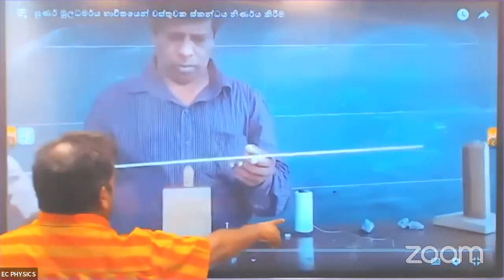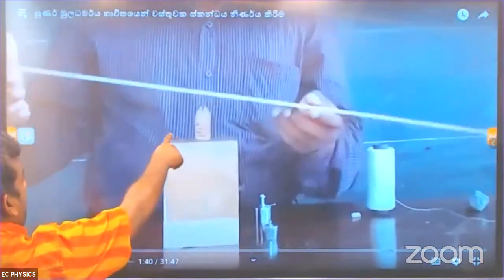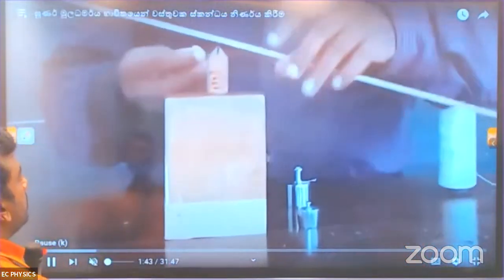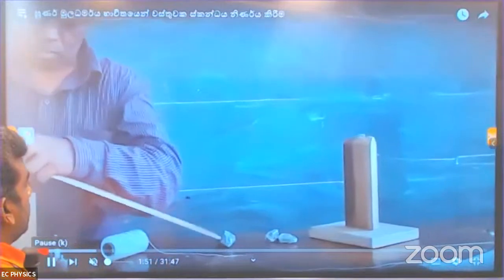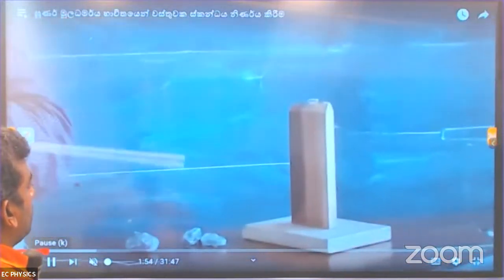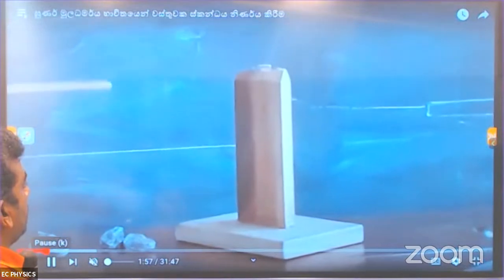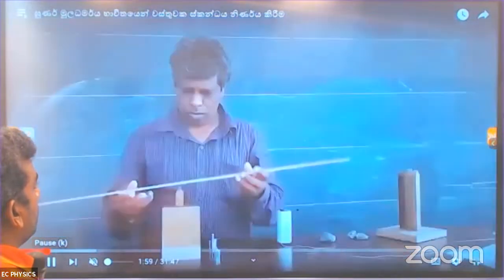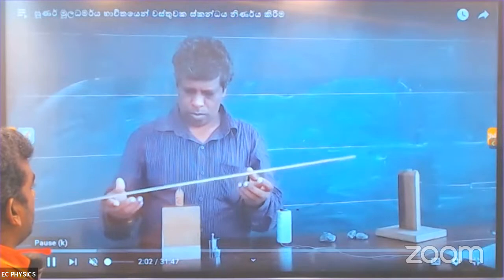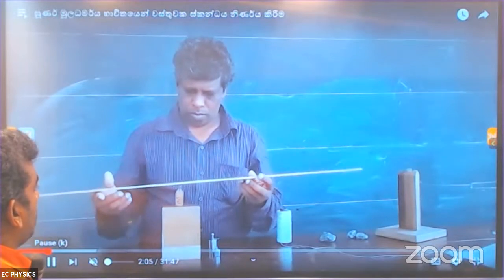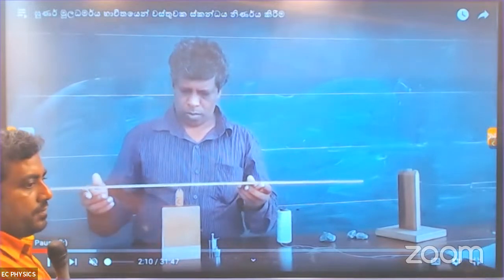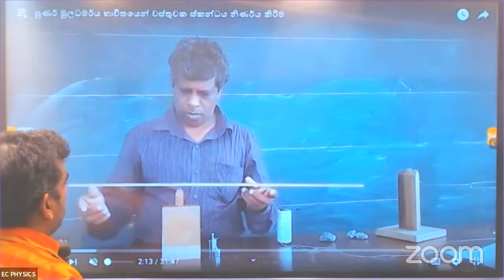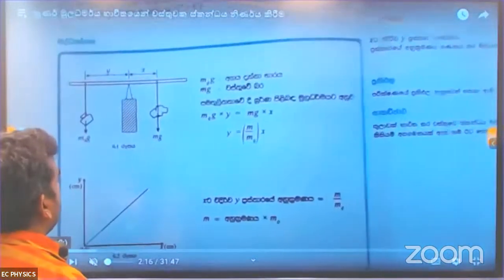We use a string. So first, before that, you balance it horizontally. So this is your principle.